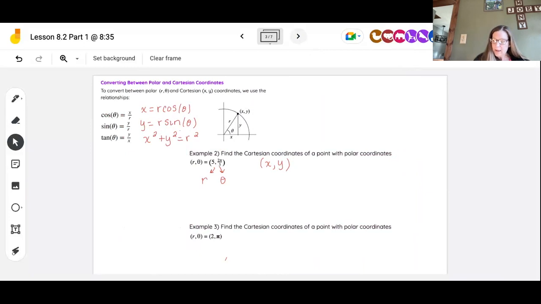Well, in order to find x, I can use this particular formula here, where I know that x has to be our radius times cosine of theta, both of which I know. So I know x is equal to 5 times cosine of 2 pi over 3. And similarly, I know y is equal to the radius times sine of our theta.